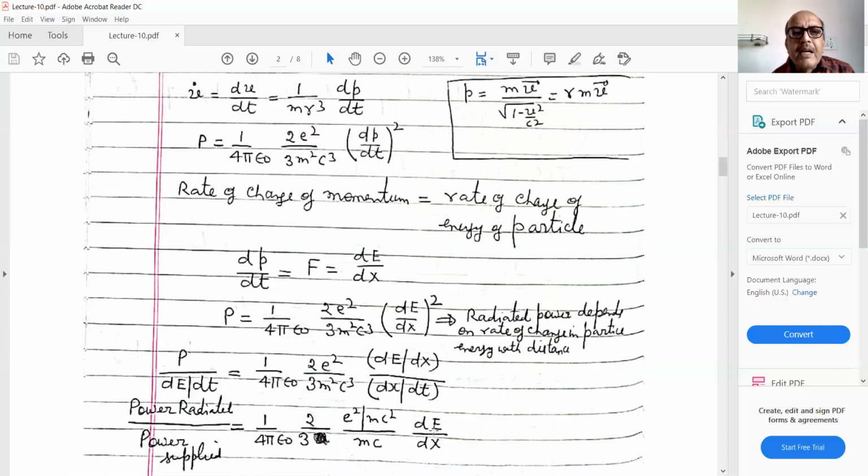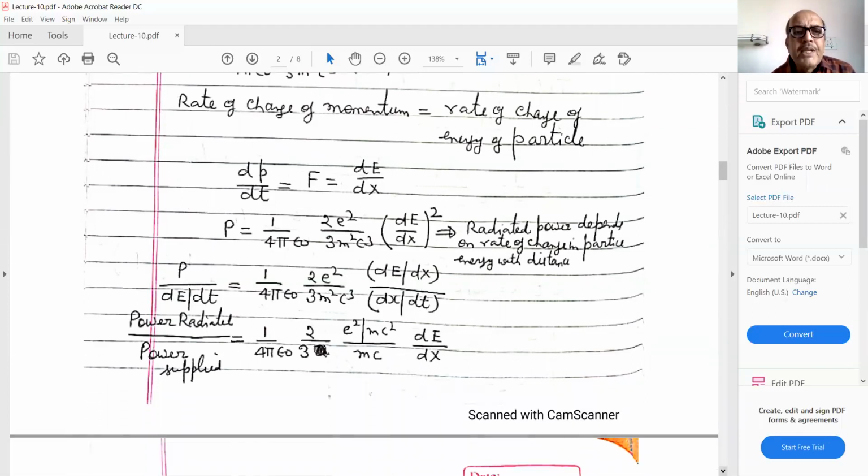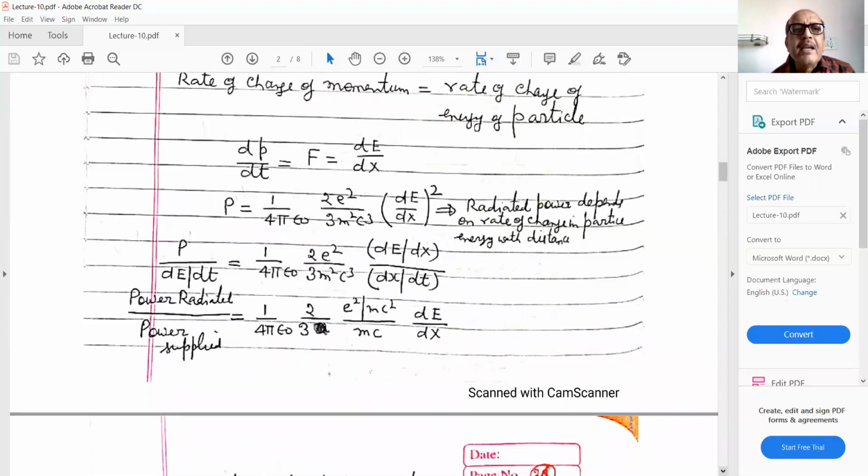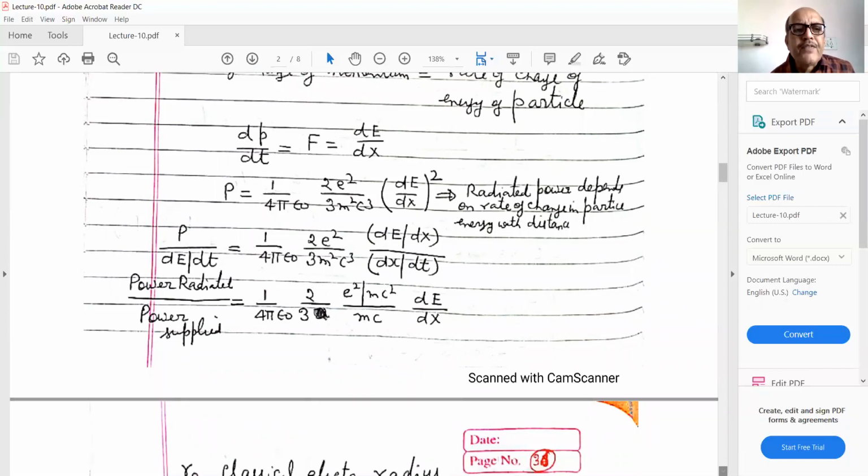So this becomes dE upon dx. If you look at this formula, it becomes E square upon, we can rearrange these terms here as E square upon mc square divided by mc. I will explain why I have done it like this in this formula.